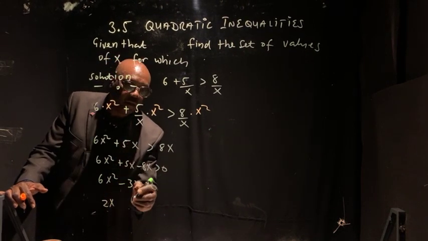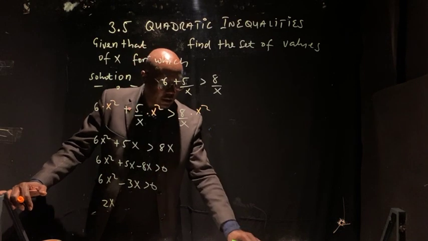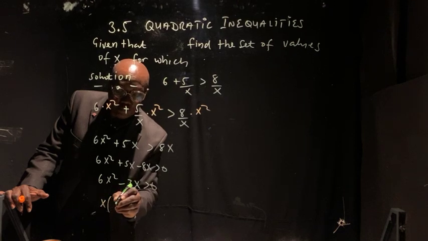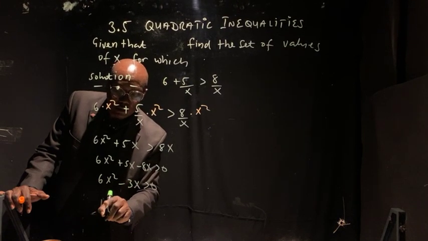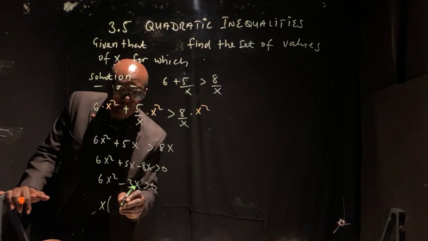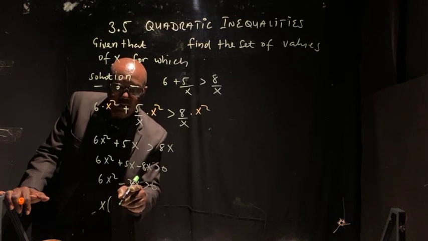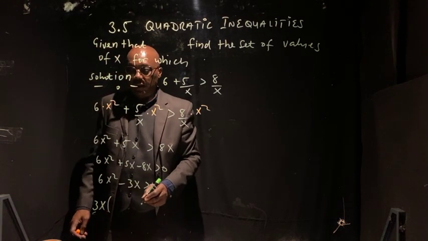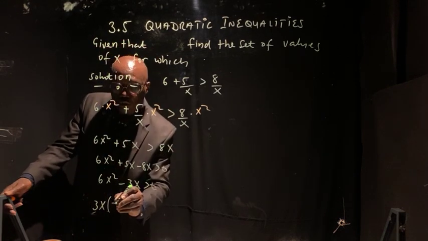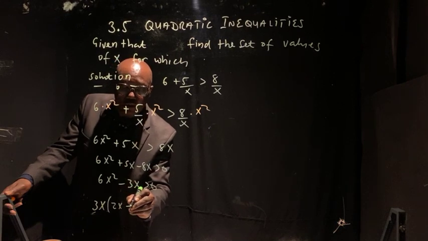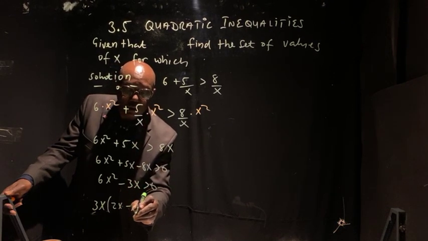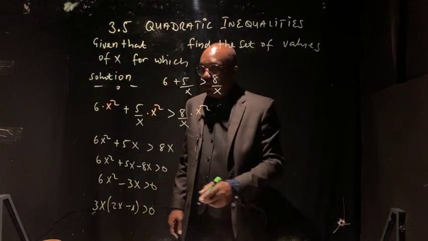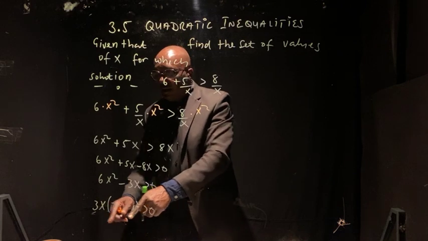We factorize x outside, but we can still factorize 3 outside. So it becomes 3x, 2x minus 1 greater than 0. Very good. Dividing both sides by 3.